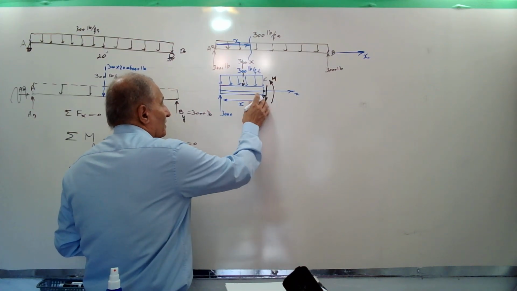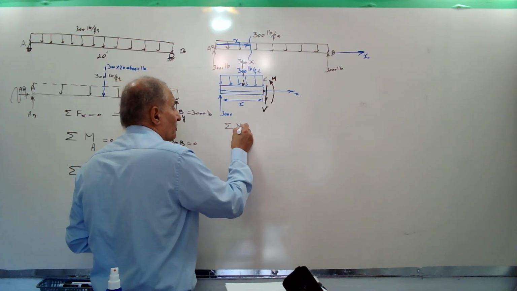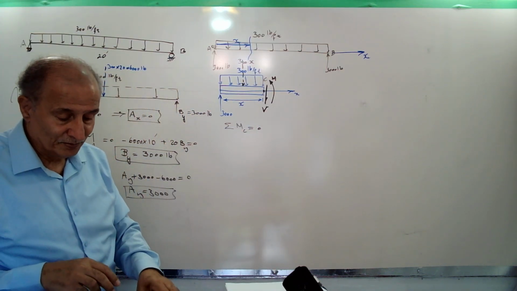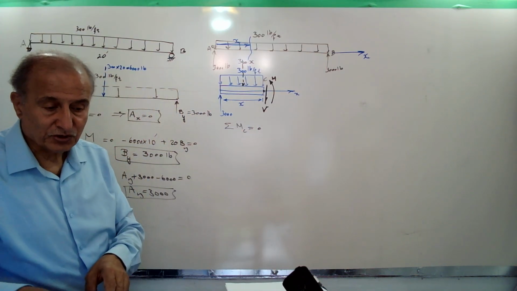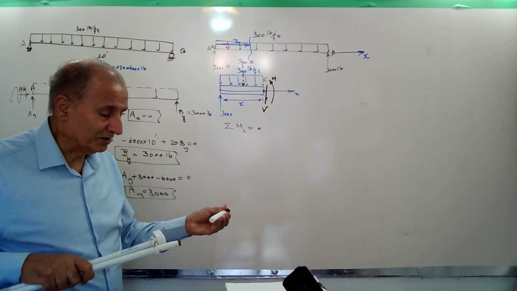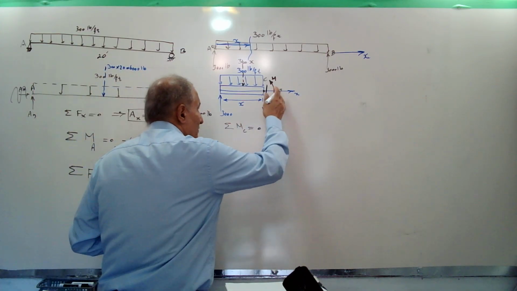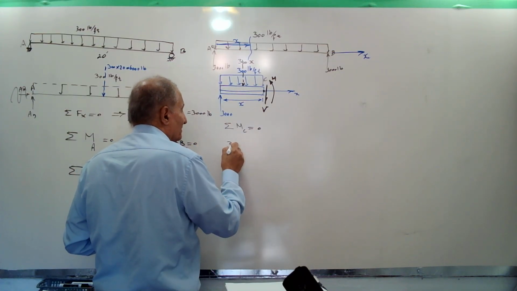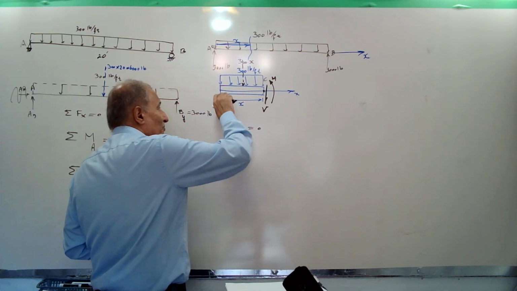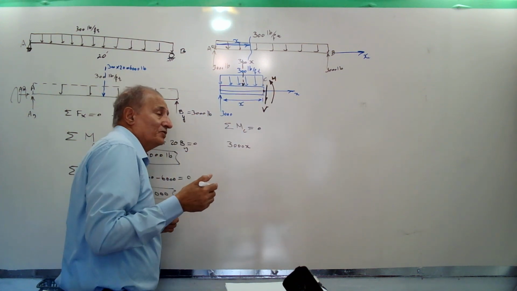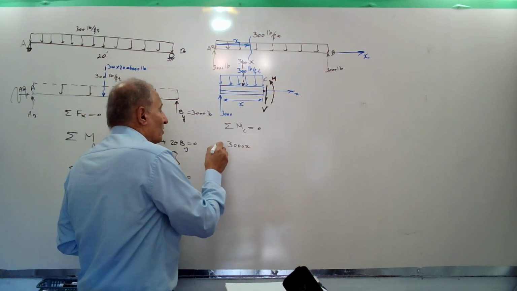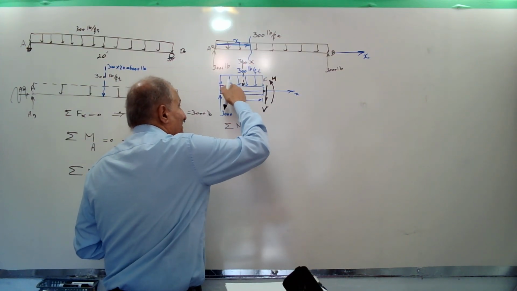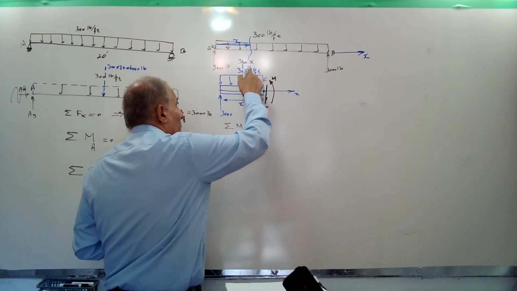When we take the summation of moments at C, the cut section, equal to 0, we reach this equation: 3000 times x distance produces a moment here in the clockwise direction, which we assume is negative.